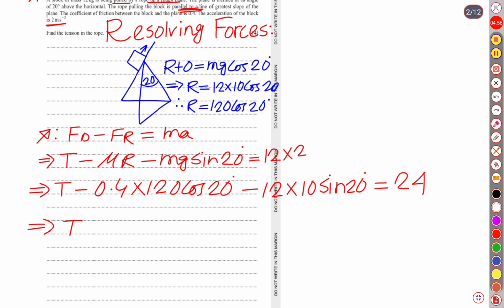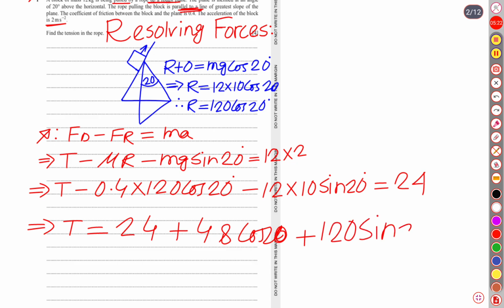Now if we isolate T as the subject, then T is equal to 24 plus 48 cos 20 degrees, sorry, not minus, plus 120 sin 20 degrees. Now using our calculator we can see that the tension acting in the rope is 110 Newtons.